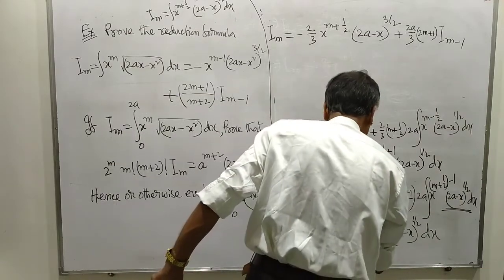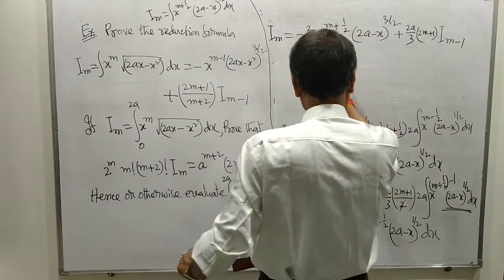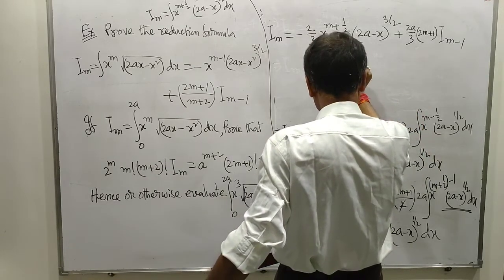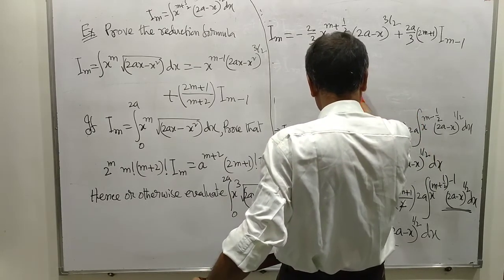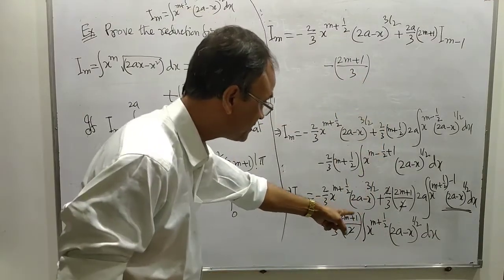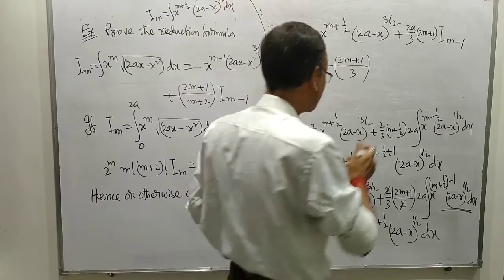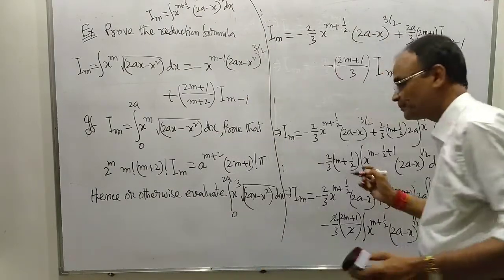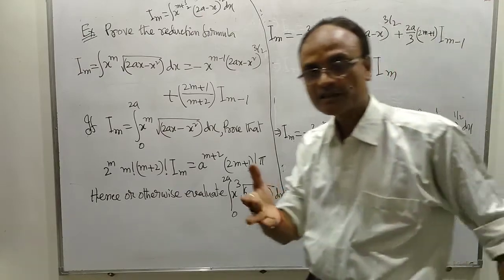Now these two will be cancelled. Minus twice m plus 1 divided by 3. What is this? This is I_m. Understand?